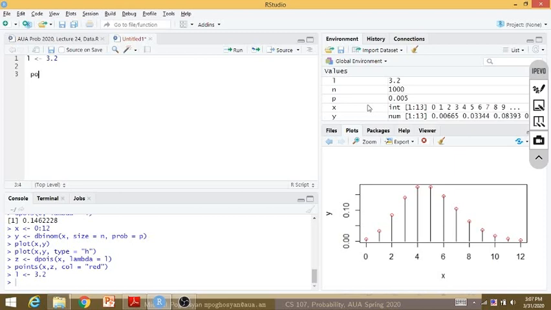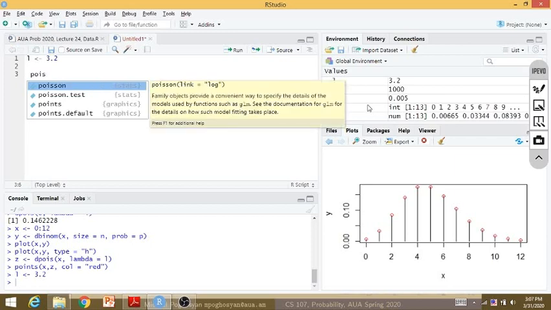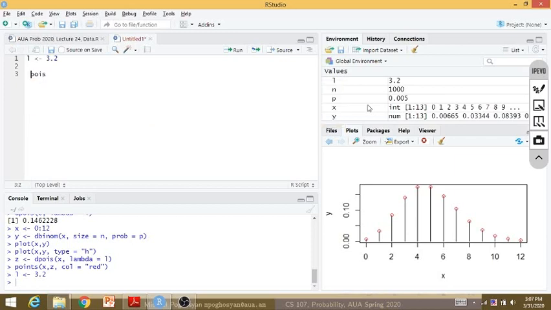So the Poisson distribution name was Poisson, but because we want to have random numbers from that Poisson distribution, we need to write rpois. So rpois will give a random number from the Poisson distribution. So here we need to write how many random numbers, how many trials we want to do. Say one trial with lambda equal to that L. So this will generate a random number from, in fact a pseudo-random number from, Poisson 3.2.